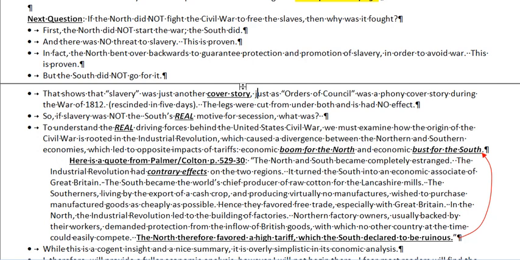Just as the Orders in Council was a phony cover story during the War of 1812. The British rescinded it only 5 days after the war started, and it didn't budge the United States.